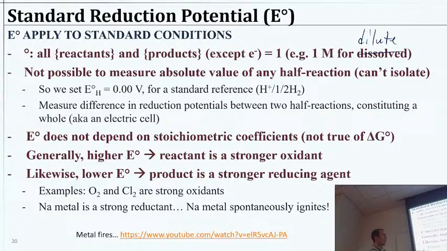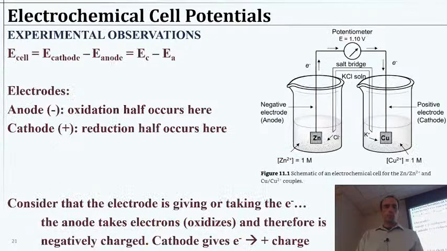So we might look at oxygen and chlorine gas, both strong oxidants, and we could compare which one's stronger in terms of oxidation potential. Sodium metal spontaneously ignites in the presence of oxygen, so that's fun, or especially with water. But I want to talk a little more about this stuff before we come back to that.